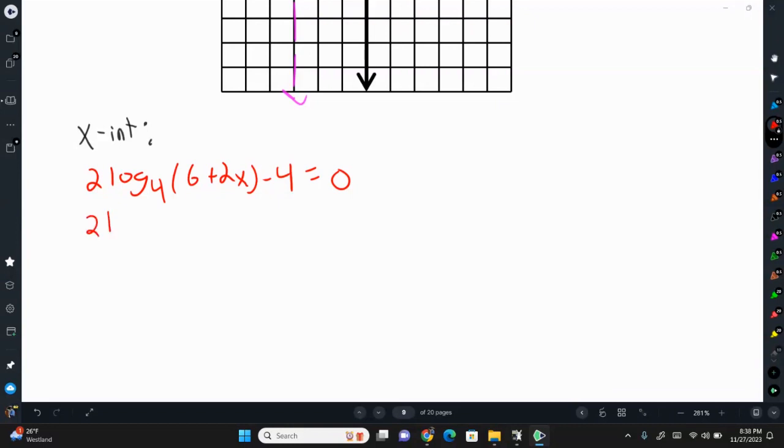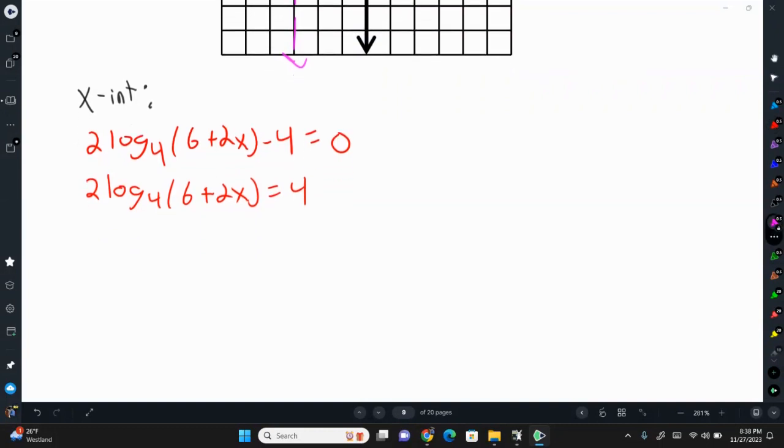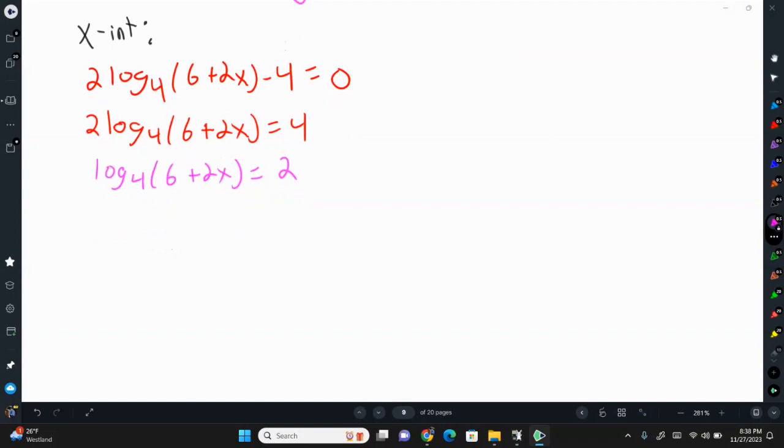So we have 2 times the log base 4 of 6 plus 2x equals positive 4. Then divide both sides by positive 2. That gives us log base 4 of 6 plus 2x equals 2. And now we can change it from log form to exponent form.